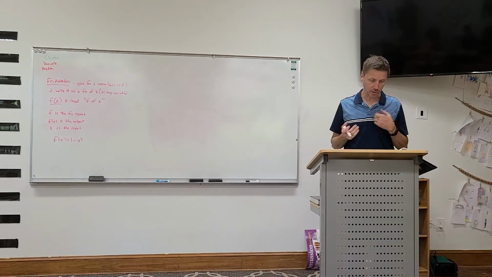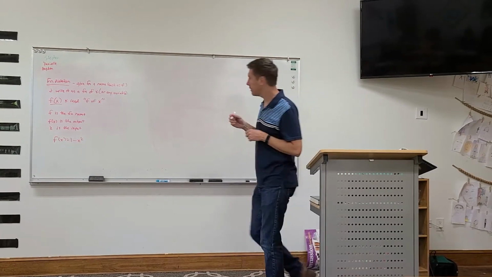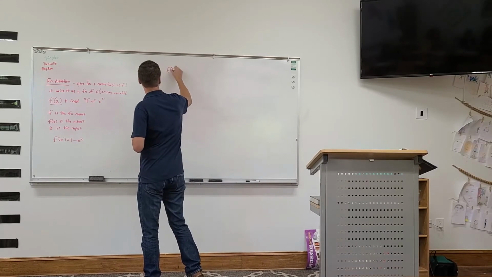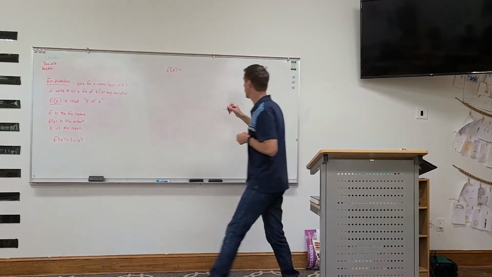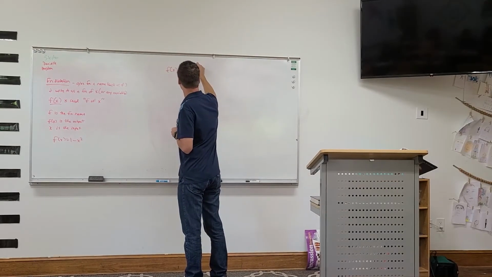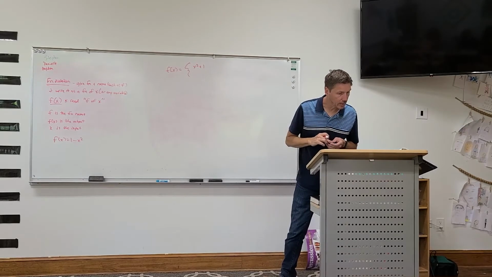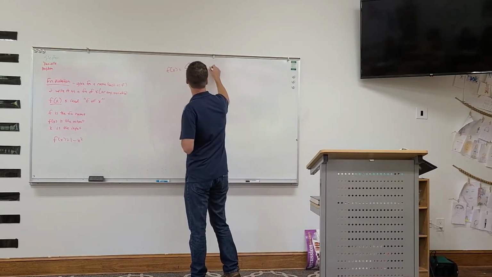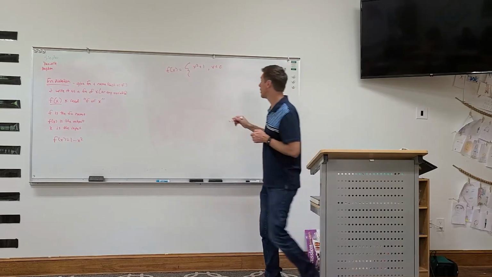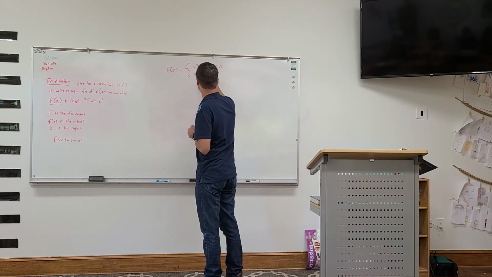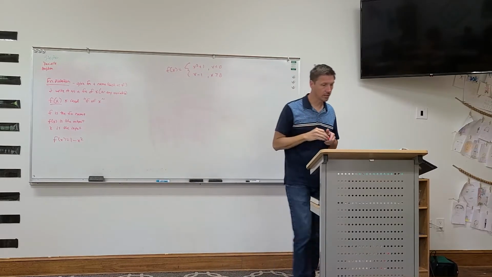So we're going to go straight to an example, example 4, and they give us this piecewise function f of x equals x squared plus 1, but only when x is less than 0. But when x is greater than or equal to 0, the function is x minus 1. That's the function that we use for that.